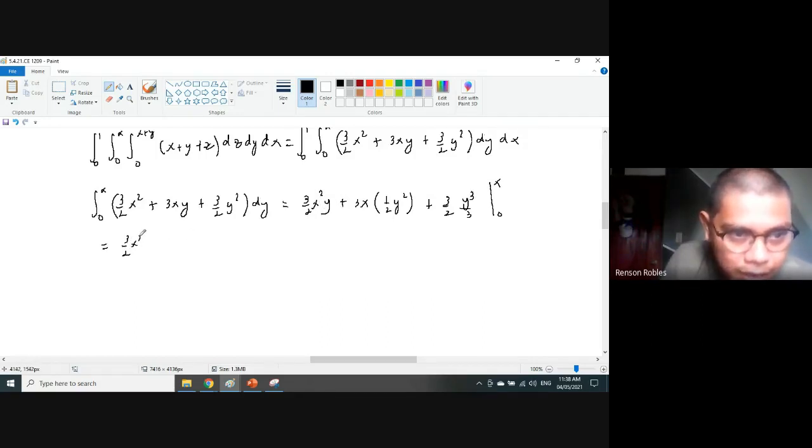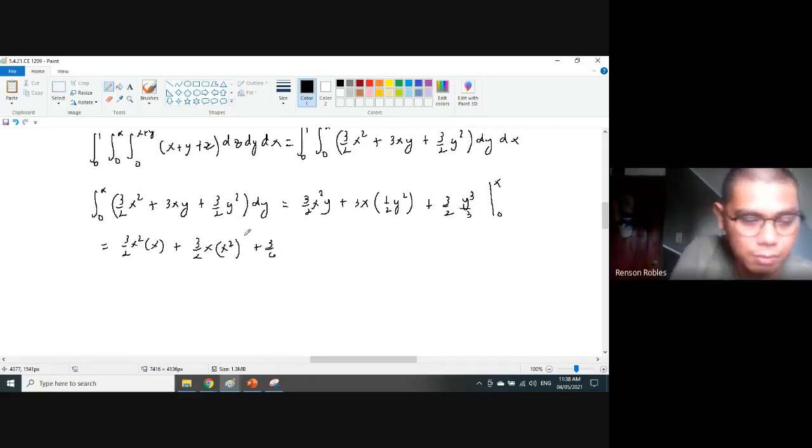So 3/2 x squared times x plus 3/2 x squared, and then, you can cancel this out now. So that's 1/2. Then y is to be replaced by x cubed. Then the rest will become 0.